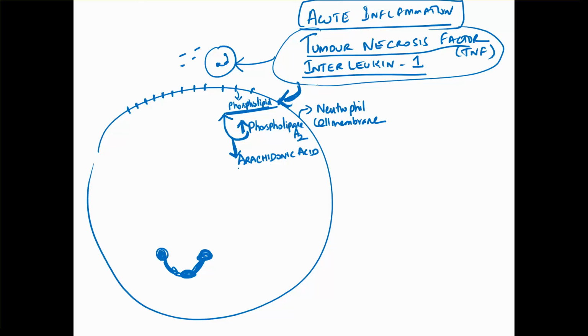So this arachidonic acid is broken down by another enzyme called cyclooxygenase enzyme. So this enzyme will break the arachidonic acid, and they form another substance called prostaglandins.